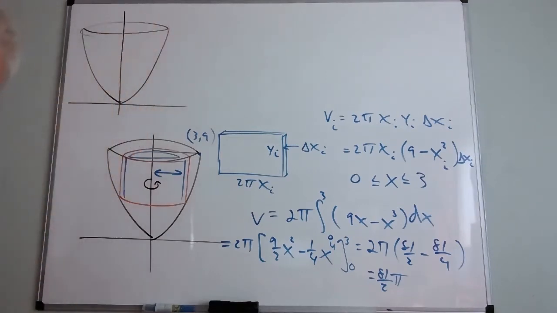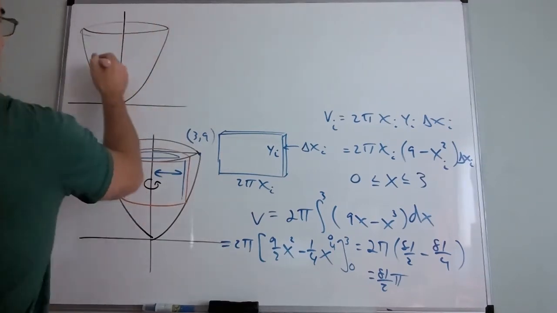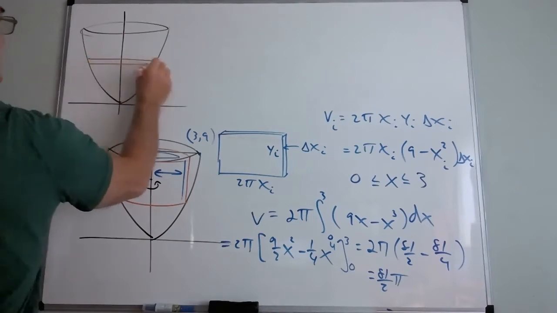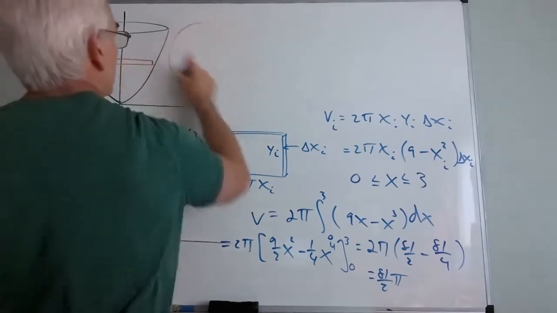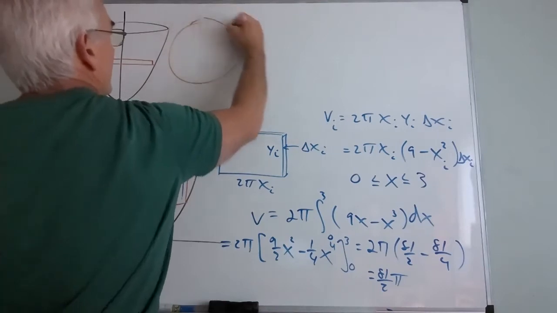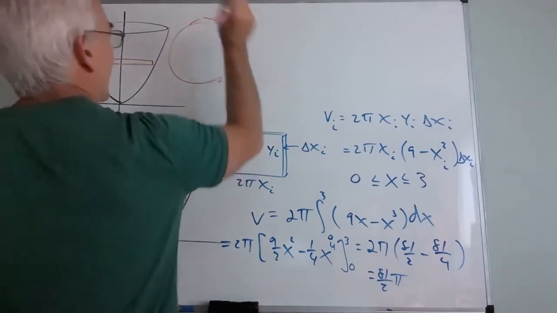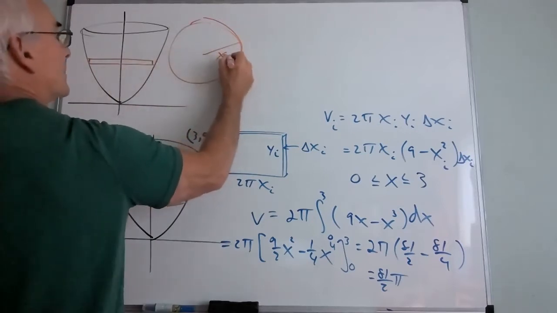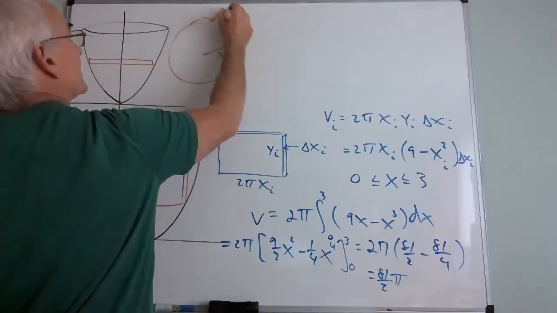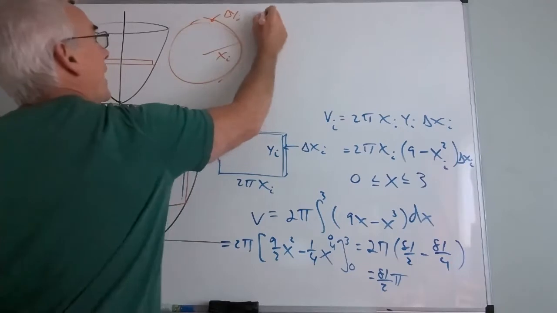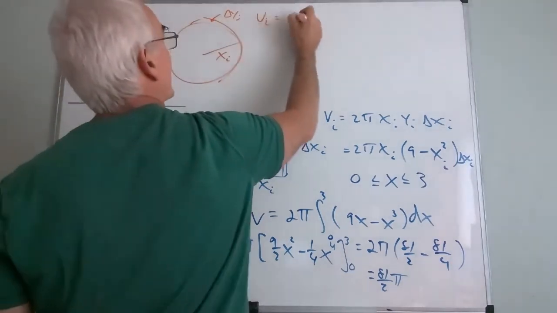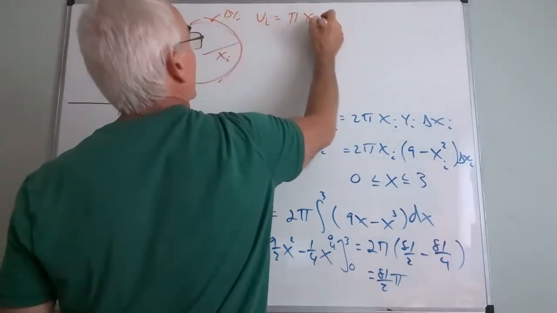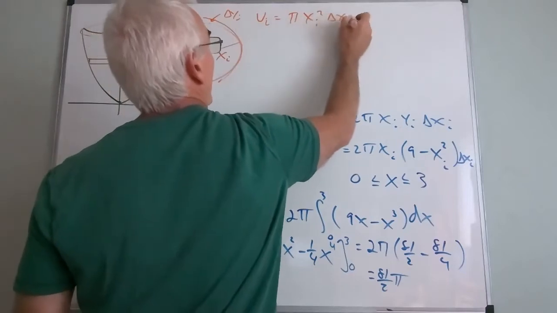Now we're going to say, let's slice it so my disk would look like this. Okay, I can't do disks very well. Now my radius obviously is the x. My thickness in this case is the delta y. So my ith volume would be pi r squared, so pi xi squared delta y.